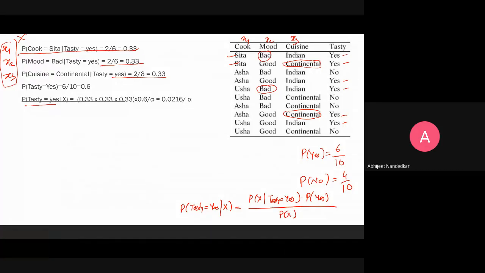So like this we can calculate. Now this particular term, we are replacing using naive Bayes.